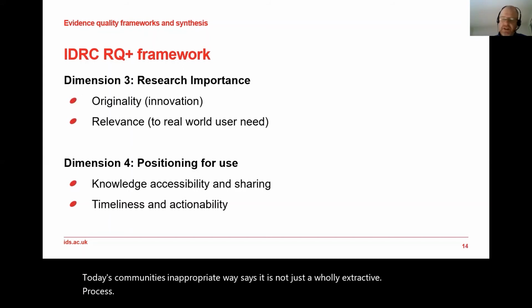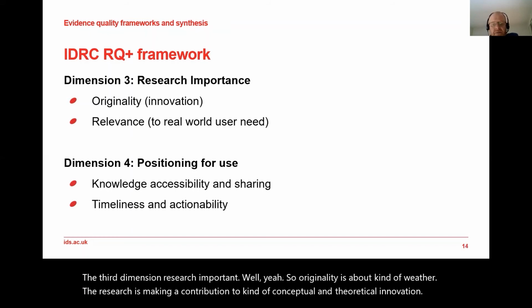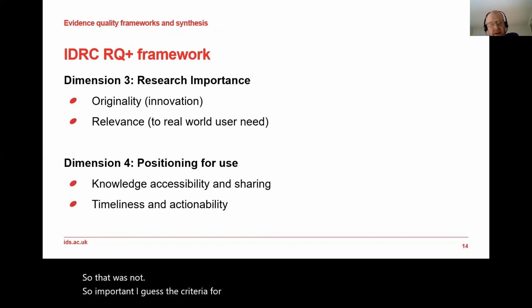The third dimension, research importance. Originality is about whether the research is making a contribution to conceptual and theoretical innovation. So that one's not so important a criterion for us when it comes to thinking about evidence use. But relevance is very central.